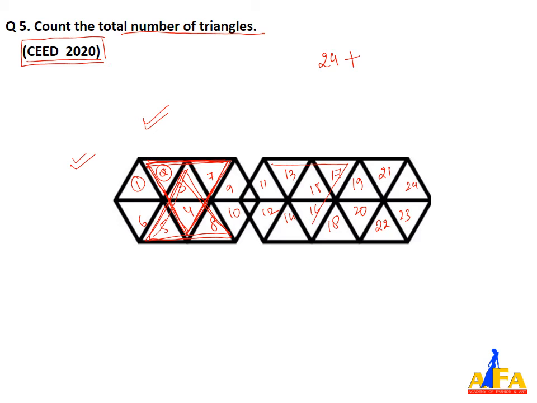Similarly in this figure, 3, 4, okay, 5 and 6. So 6. Now some of the people may say that if this can be joined, this will also form a triangle.